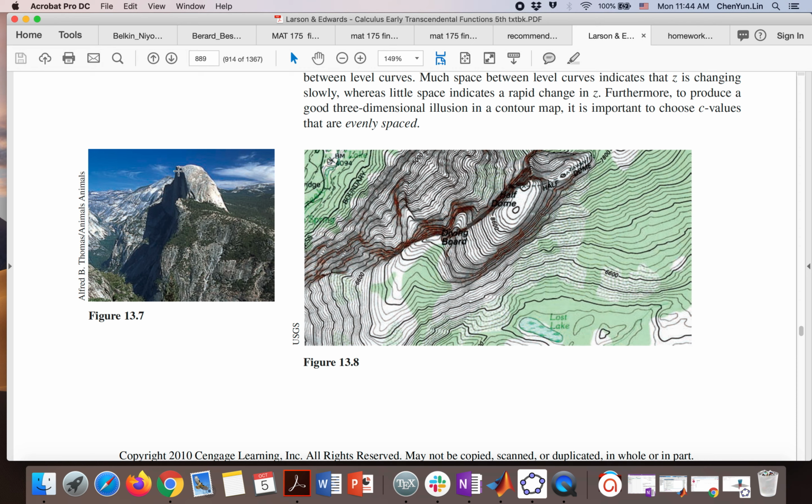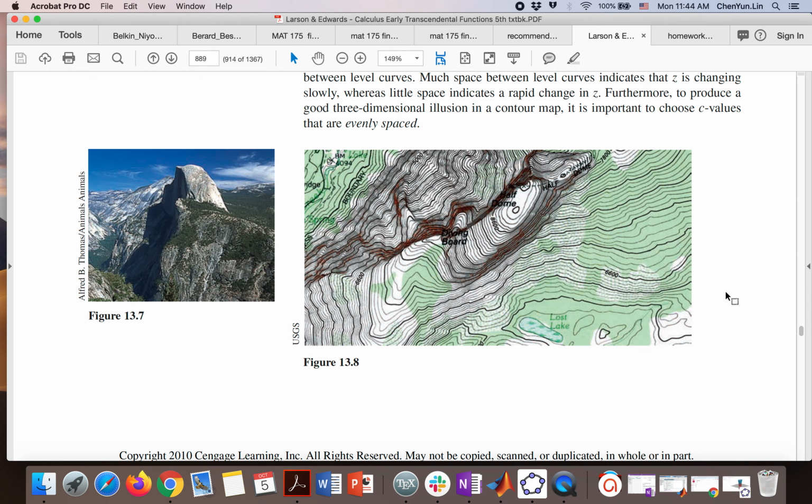What if I just decided to cut through this surface and sketch out its level curves, and now I draw the level curves on a 2-dimensional map?